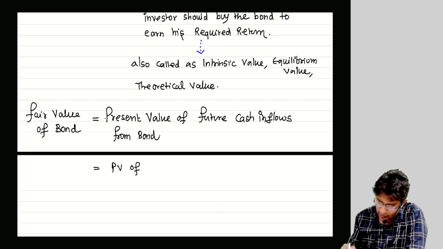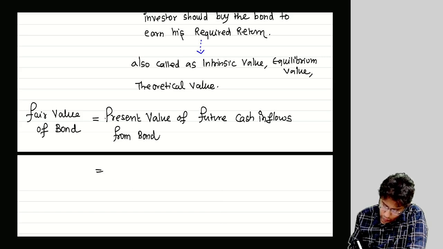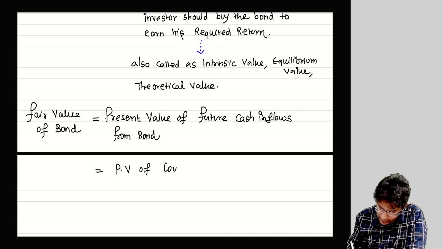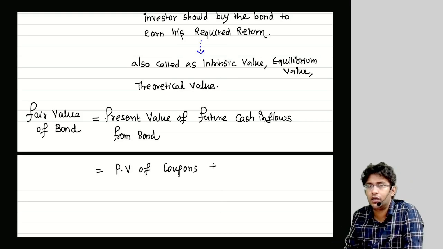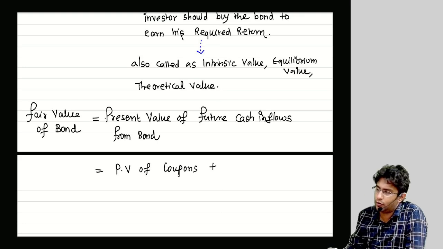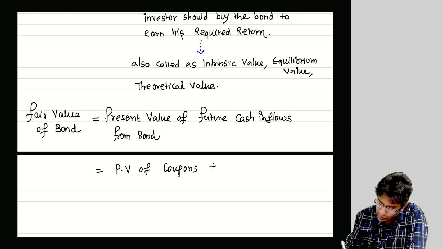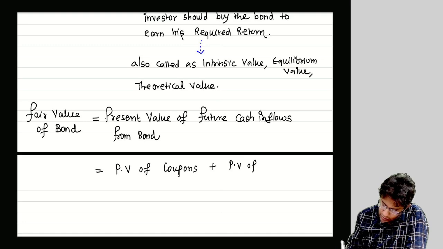PV of, tell me sir, bond gives you what cash flows? Coupons, that is present value of coupons, plus towards the end of the period you will get the redeemable value also, that we call the maturity value. Present value of maturity amount or redeemable value.